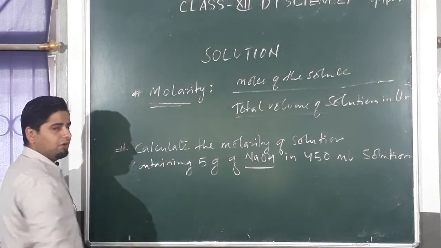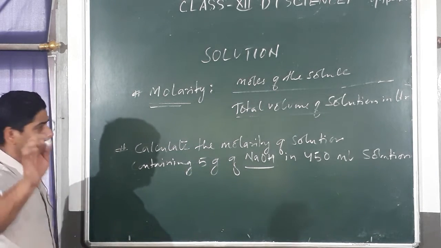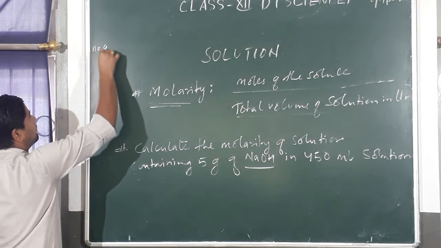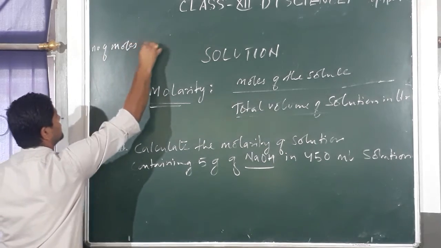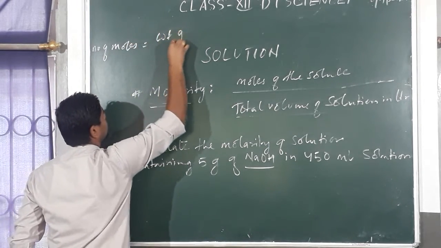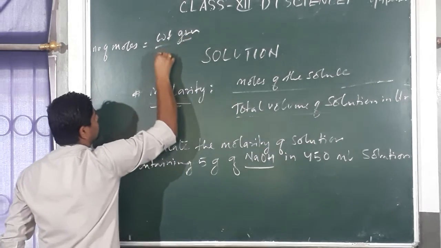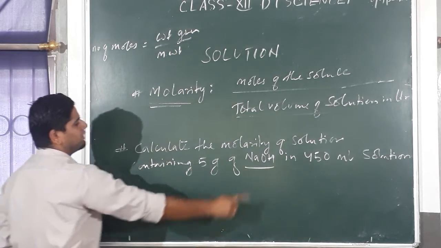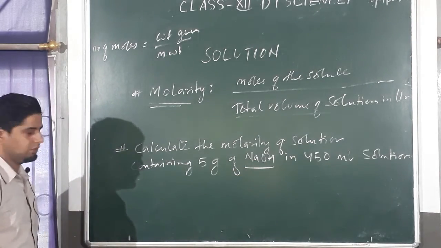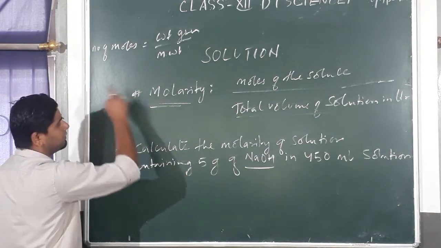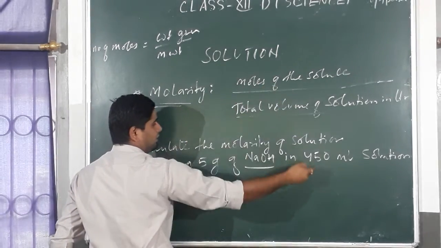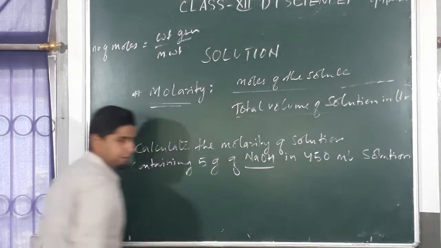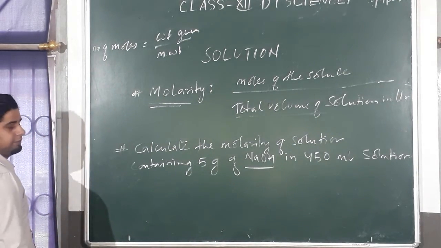Only the weight of NaOH is given. In the last class I gave you this formula: number of moles equals weight given by molecular weight. So you can easily find the molecular weight of NaOH. Once you find the number of moles, you divide that number by 450. Let's do it.